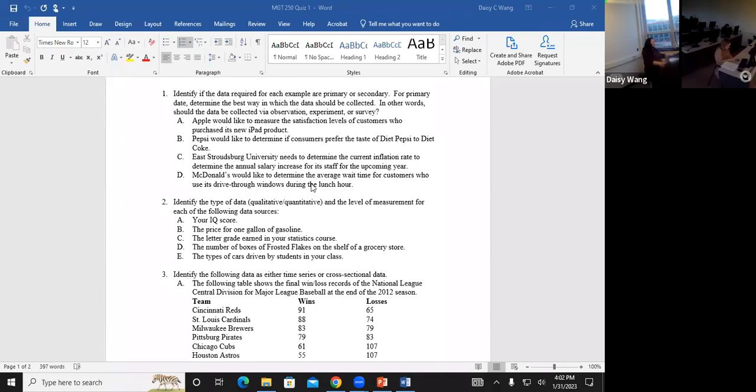And then C, Charles Sturt University needs to determine the current inflation rate to determine the annual salary increase for its staff for the upcoming year. So the inflation, we have the inflation data from last week. So that's secondary. And then McDonald's wants to determine the average wait time.